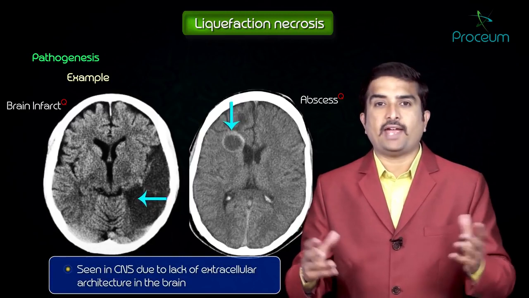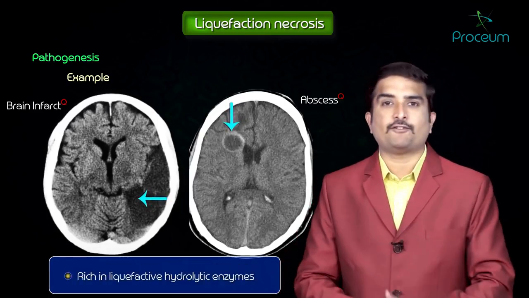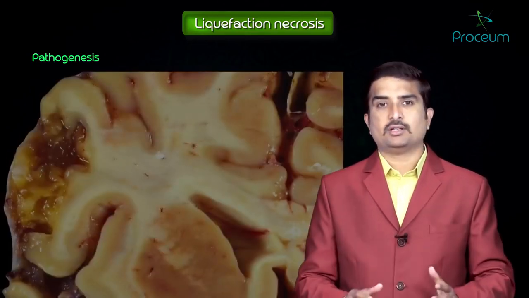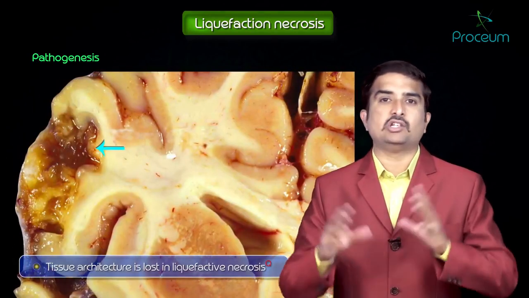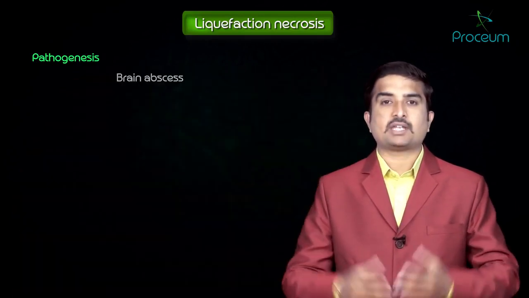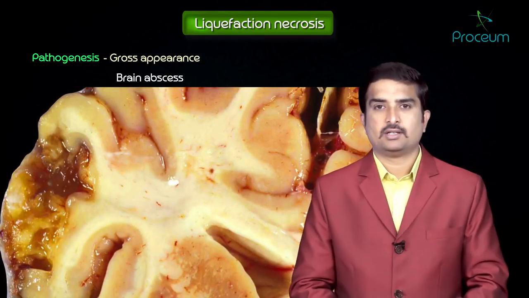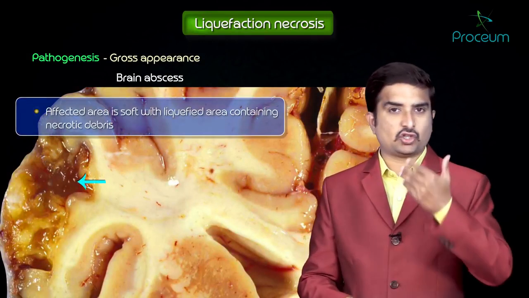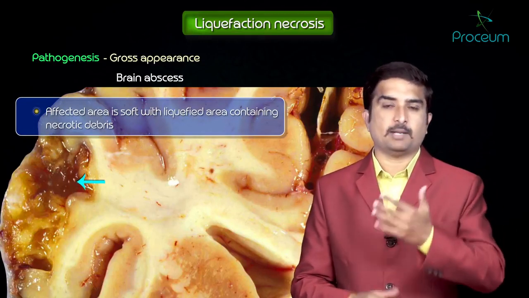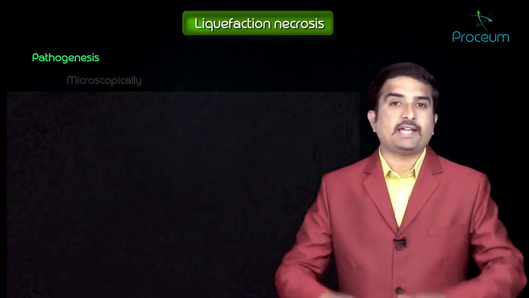Examples are the infarcted brain and abscess in a bacterial infection, which is mainly seen in the CNS due to lack of extracellular architecture in the brain and richness in hydrolytic enzymes. And in this condition, the tissue architecture is lost. What about the gross appearance in liquefactive necrosis? The affected area is soft with a liquefied area containing necrotic debris, and a cyst wall is formed later.